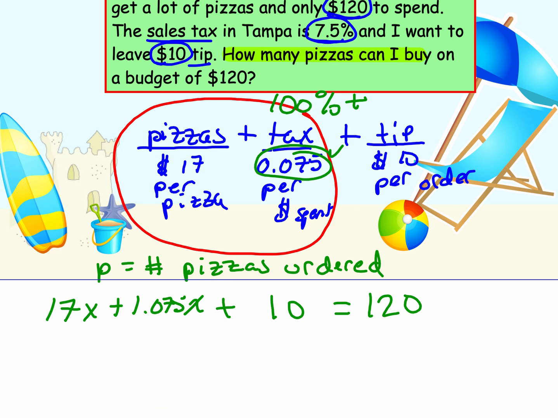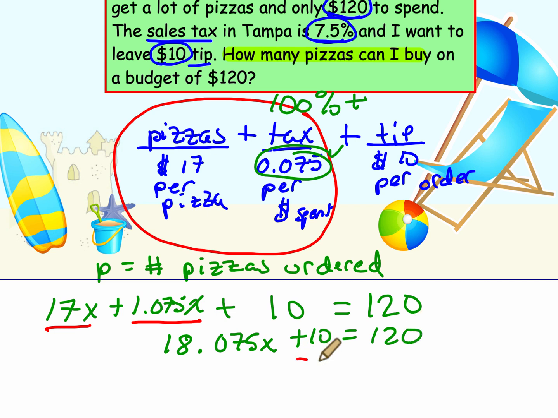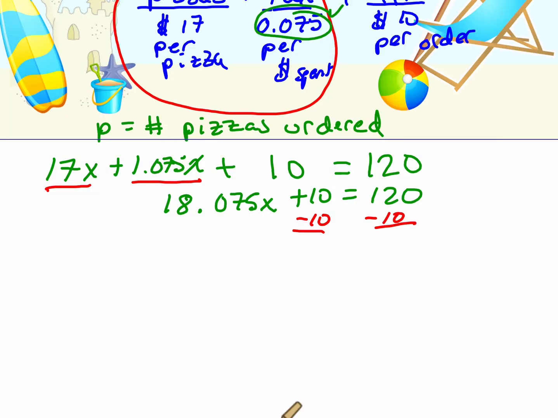Now we're going to simplify our equation by combining like terms. We're going to add these two terms together. 17 plus 1.075 makes 18.075, so 18.075 times x plus 10 equals 120. Now I'm going to subtract 10 from both sides. 10 take away 10 is 0, and 120 take away 10 is 110.